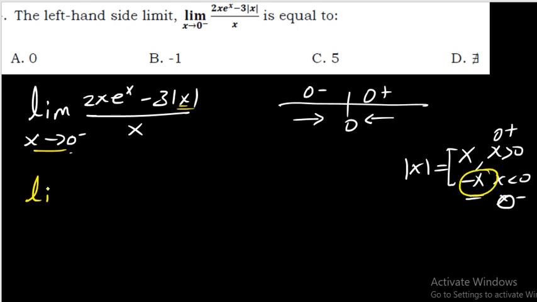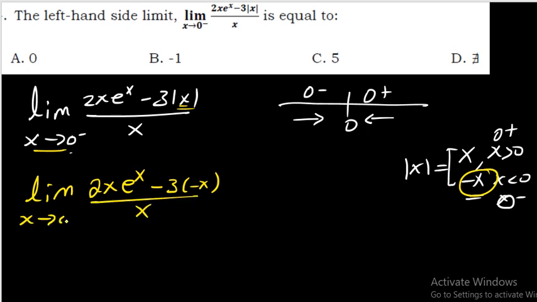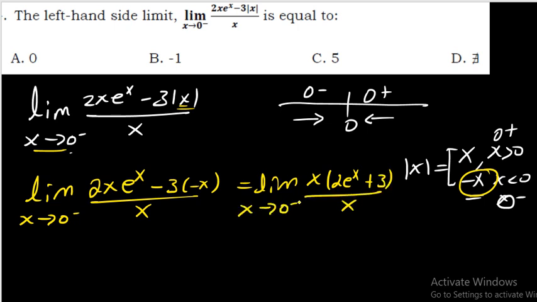So our limit now changes to 2x e to the power of x minus 3 times negative x, the whole over x, as x goes to 0 from the left, which is equal to the limit of, negative times negative will be positive, and then let's take x common: 2 e to the power of x plus 3, the whole over x, as x goes to 0 from the left.